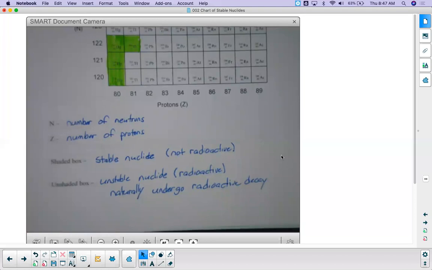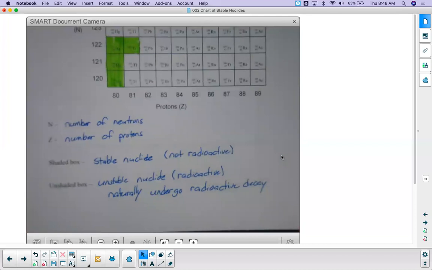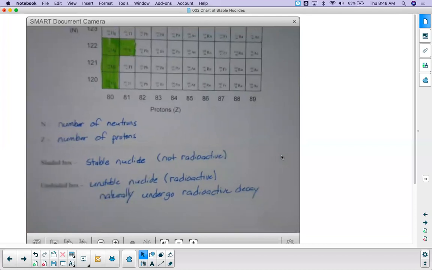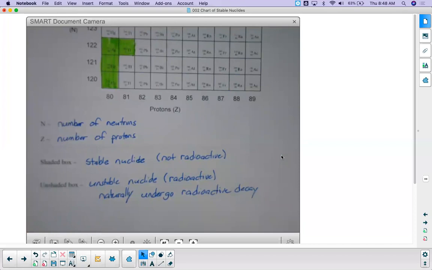The time frame over which this happens depends upon what it is, and an idea called half-life. Our goal today is going to be to learn how to read a chart to tell if something is radioactive or not. And if it's radioactive, is it positron, beta, or alpha decay?